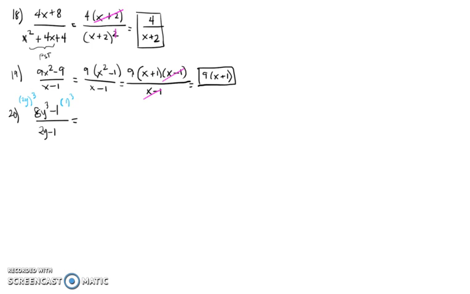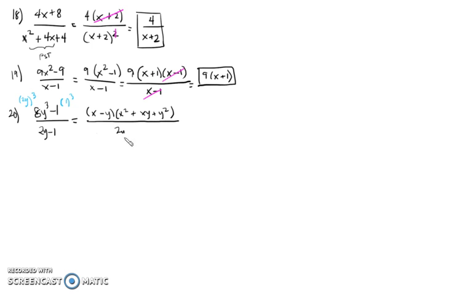Applying the formula for the difference of two cubes, we have (x minus y) times (x squared plus xy plus y squared). This is the formula, and we're just going to follow it.